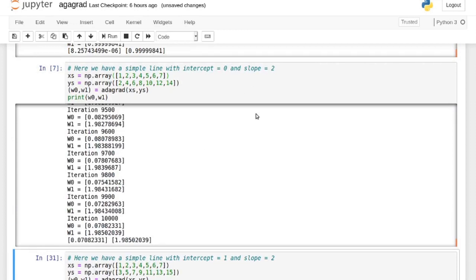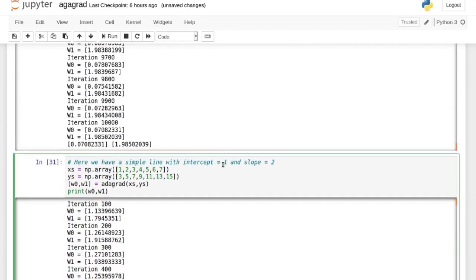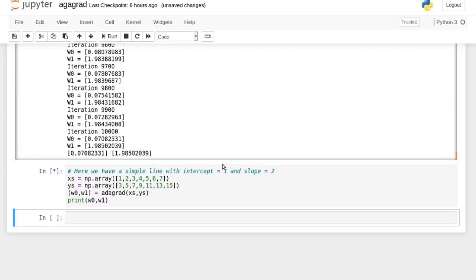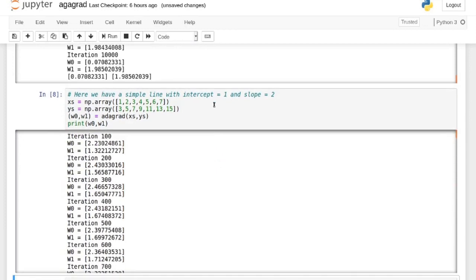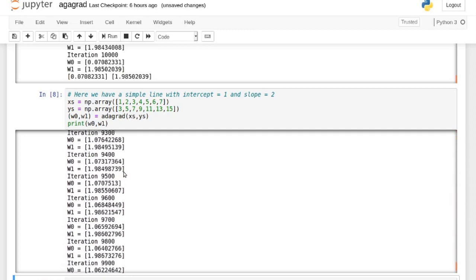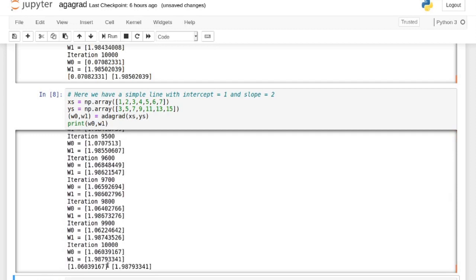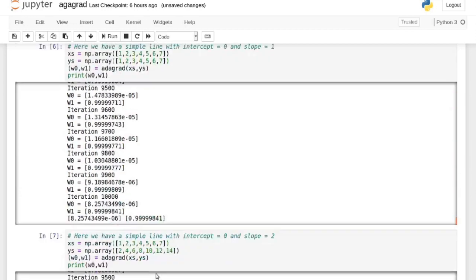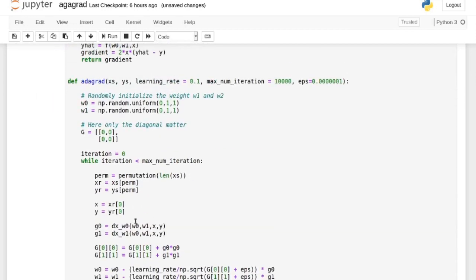So it's able to learn the stuff. Let's look at intercept 1 and slope of 2. So this is the random initialization, and then yeah, it's converging to this. So it's working. So the algorithm is working.